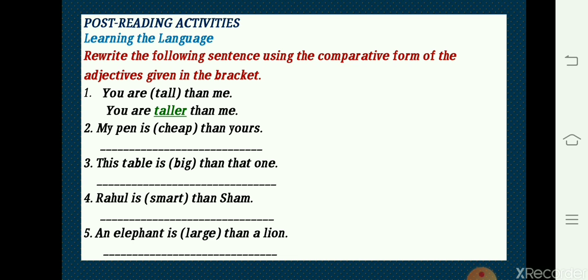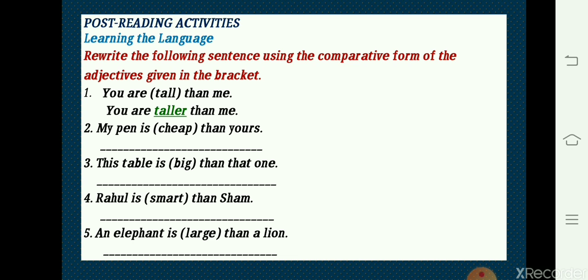For example, the first sentence has been solved for you. Number 1, you are tall than me, and we have to modify the word tall to taller. You are taller than me. All of you know that the word than is used with the second degree of adjective, that is the comparative degree of adjective.